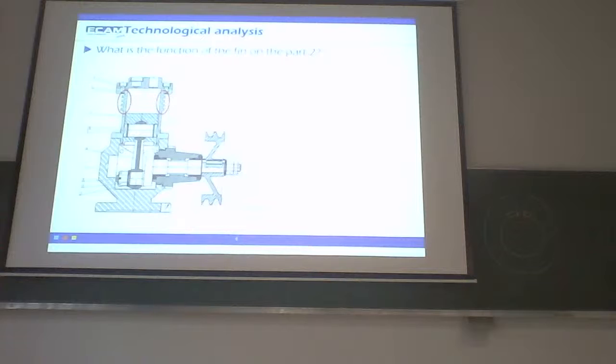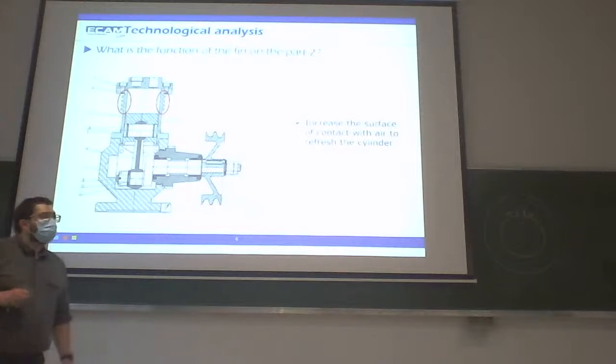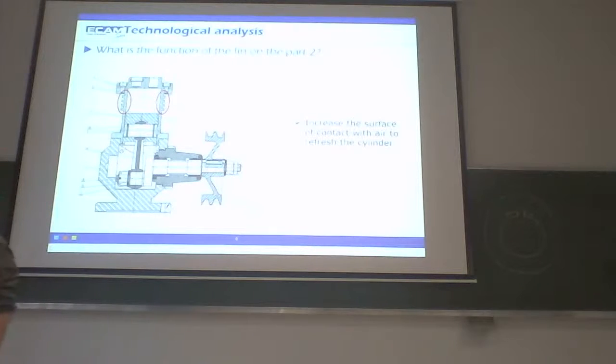Yes, exactly. We increase the surface of contact to cool the cylinder. The repetitive movement of the piston inside of the part 2 will generate heat, and to cool the cylinder we increase the surface of contact with the external air of the mechanism.